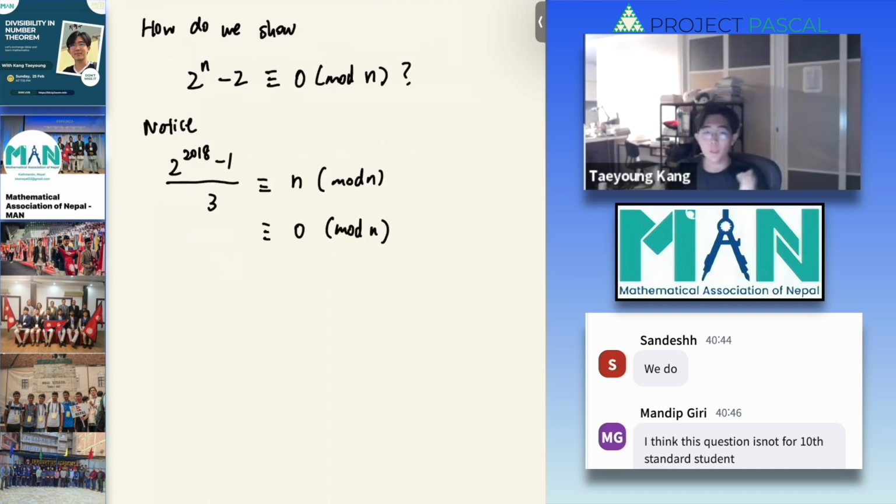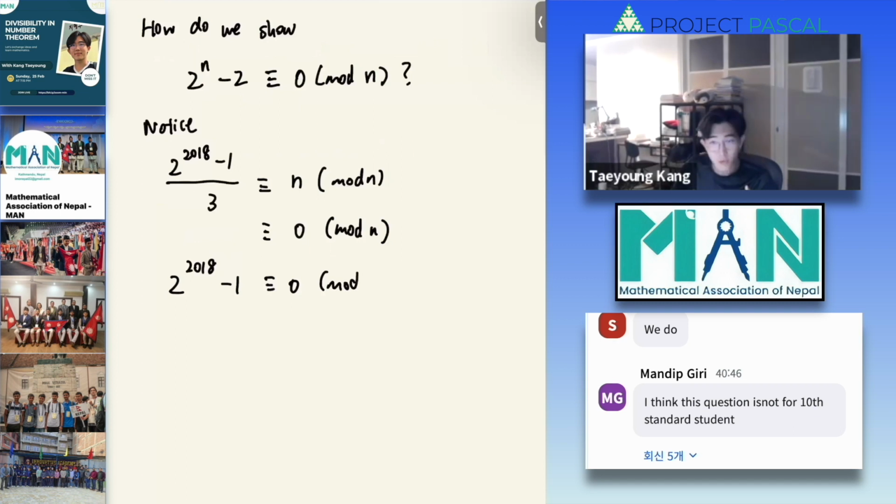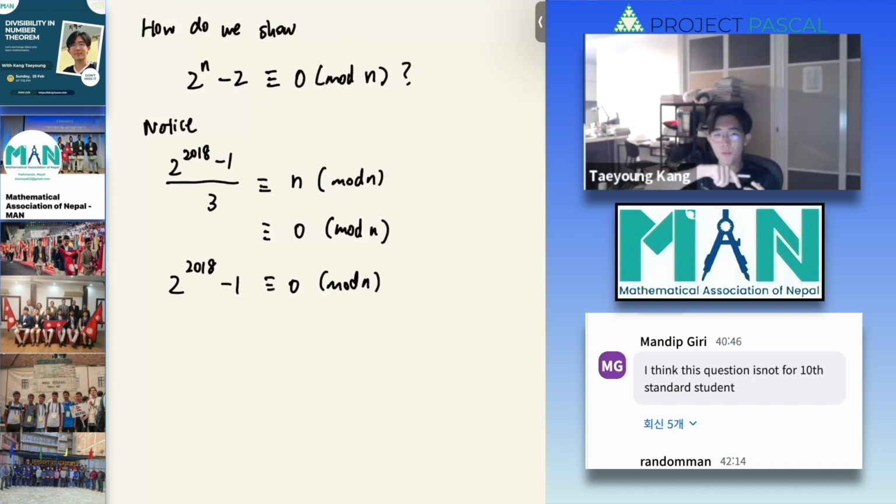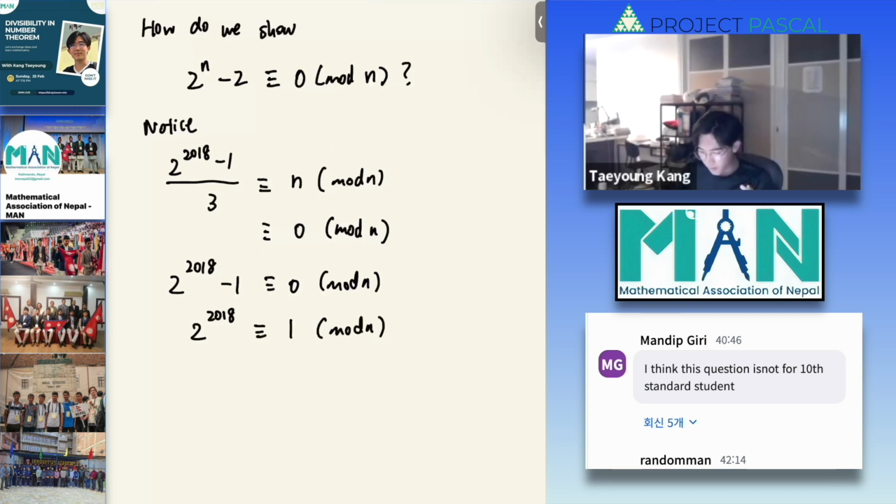So what can we do? We multiply both sides by 3, and this gives us 2 to the power of 2018 minus 1 is congruent to 0 mod n. Do you guys agree? So now we move the 1 to the other side. So we have 2 to the power of 2018 is congruent to 1 mod n. You guys with me until here, right? So we have this fact.